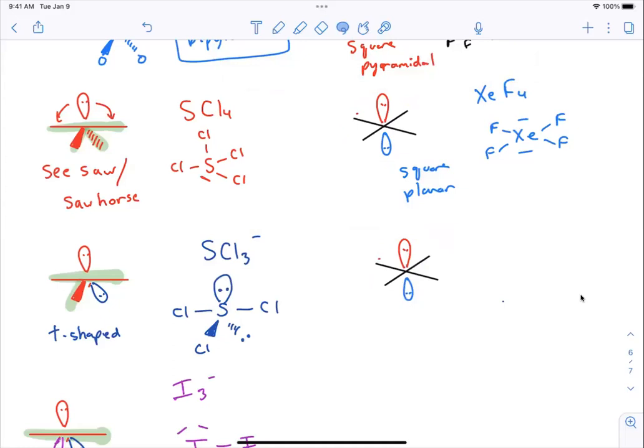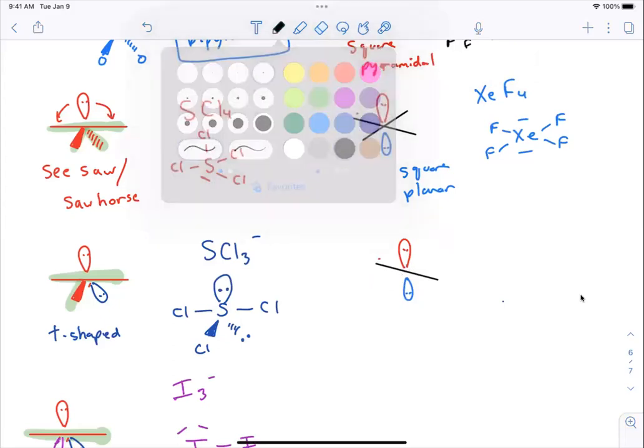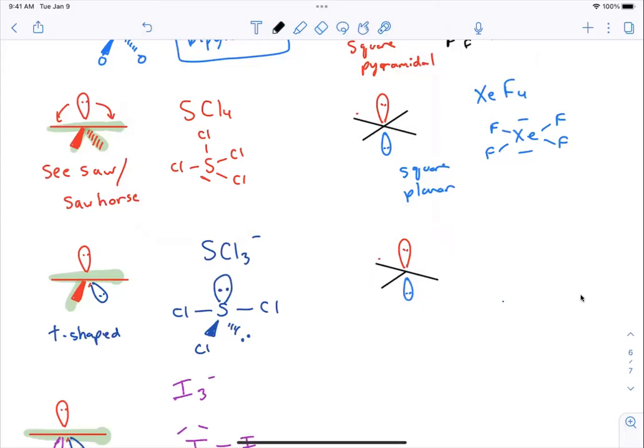No. I'm going to do this one just so it's easier to see. Sorry, let me redraw this. So this one stays. I'm going to draw in a lone pair here. It's kind of hard to see, but what's the shape now? T-shaped. It is T-shaped again. You'll see it again.